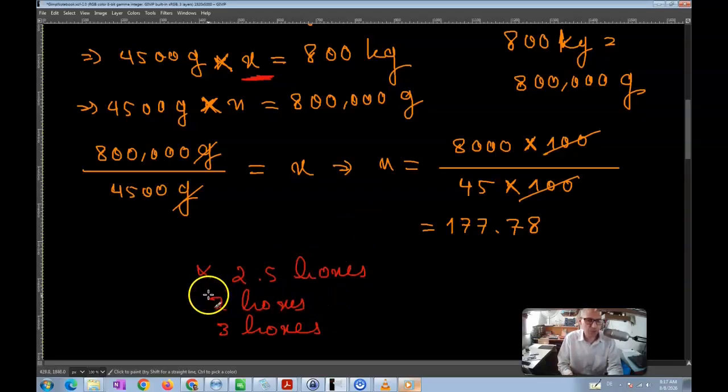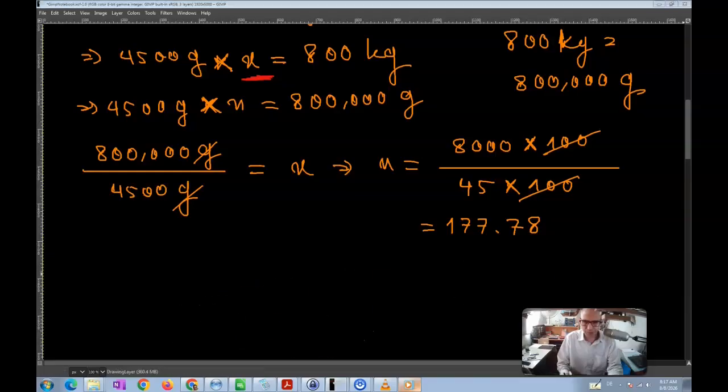The number of boxes has to be a whole number, either 2, 3 or 4, but 2.5 would be somewhere between 2 and 3 boxes. So now this number we have to round, and in the next sections of this chapter, we will see how we can round numbers.